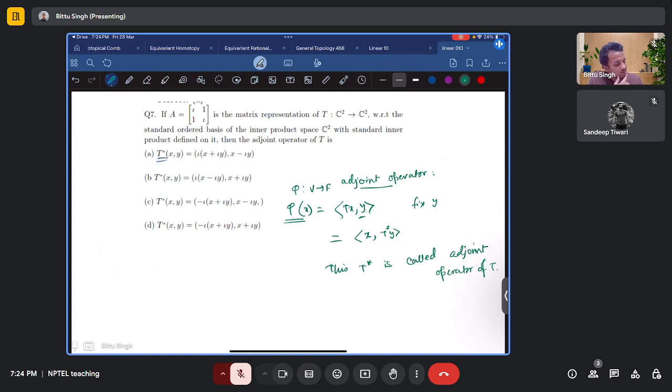Now we need to find this T star of (x,y). Another interesting property is the matrix representation of this T star.